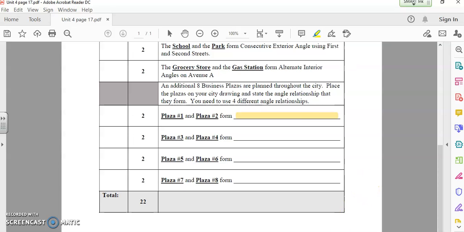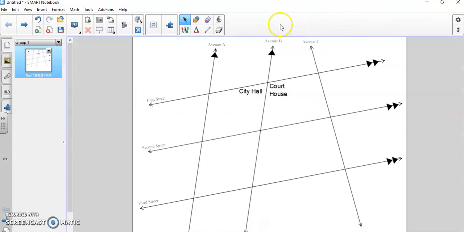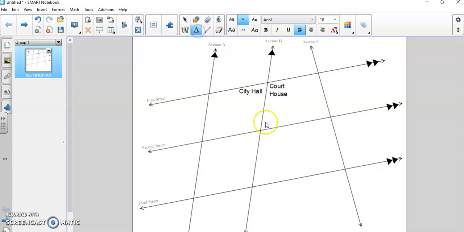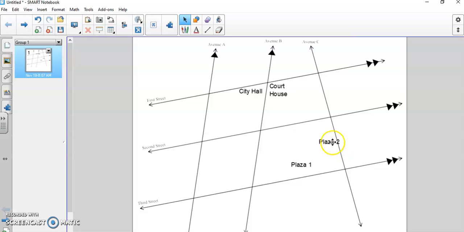So if I go back to my streets, and let's say I want to place plazas 1 and 2. So I would have Plaza 1, I would have Plaza 2, and I can place them anywhere on this picture that has open angles. So maybe I place one here and I place the other here. I would then have to state what is the angle relationship with Plaza 1 and 2. Maybe Plaza 1 and 2 end up over here.